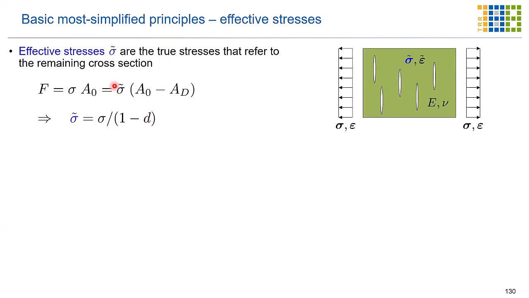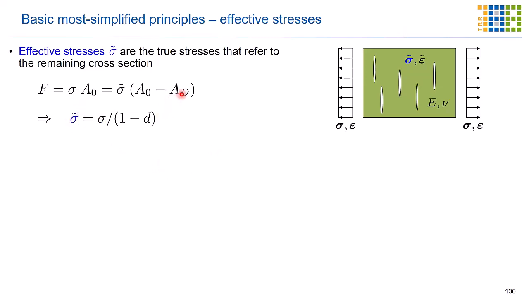Okay, so if we want to describe the effective stresses, these ones here, the blue one, we divide that side by A0 minus AD, and A0 divided by A0 will lead to 1, and AD divided by A0 will lead to D. So D will be in the range between 0, completely undamaged, and 1, a completely damaged state. The completely damaged state would be where we have an entire opening here through the entire area. Okay, and that's how these effective stresses scale.